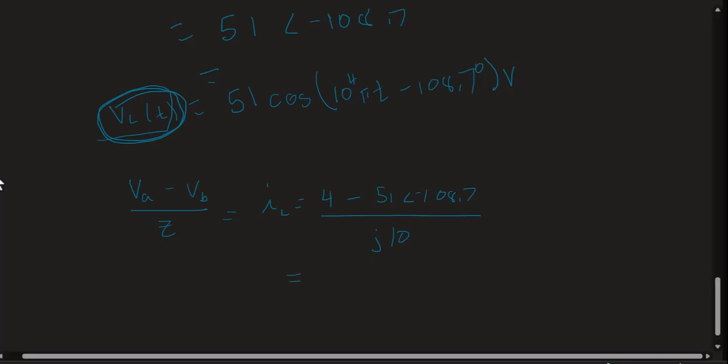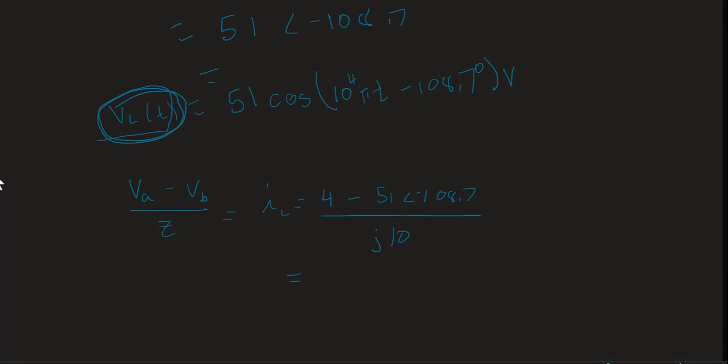So the current is 4 minus 51 angle negative 108.7 divided by J10, which is 5.2 angle negative 22.8.